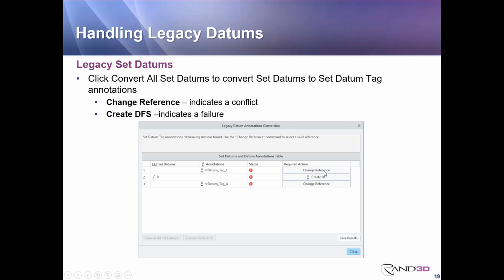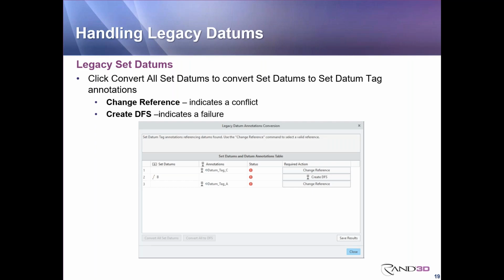If you see the required action create DFS, that's the datum feature symbol, that indicates a failure and requires the feature be generated to link and fix the problem. All right, so that's going to be based off of the conversion attempt, and then of course the required action indicates perhaps what your next step is in the process of fixing the problem.